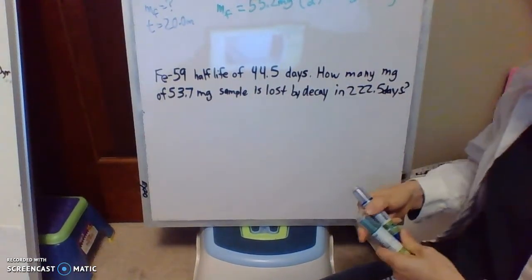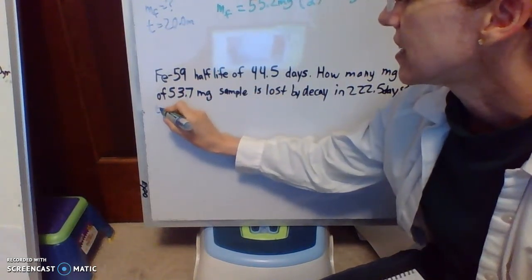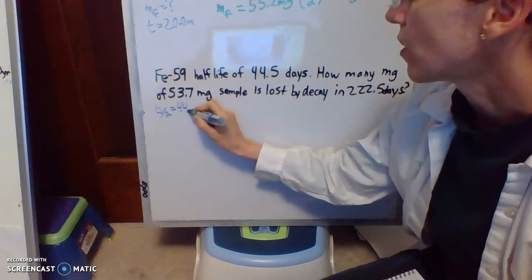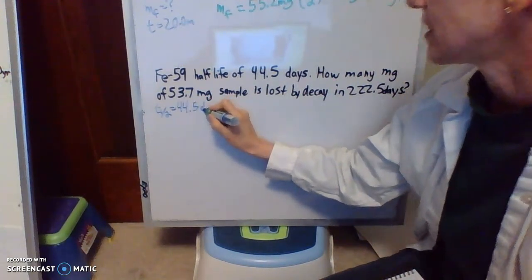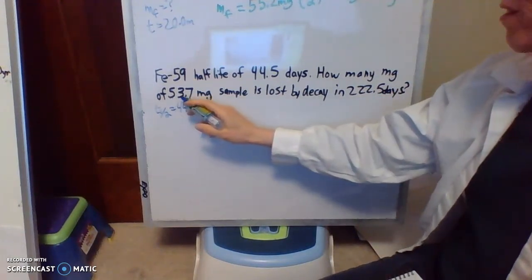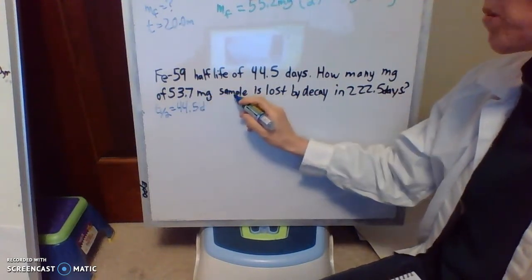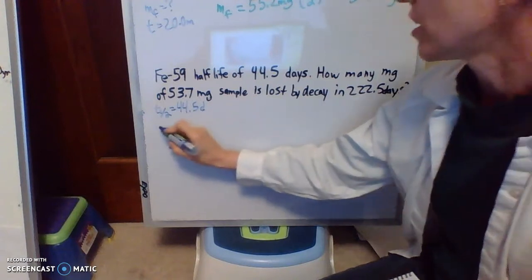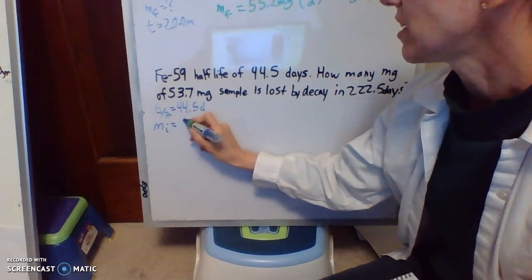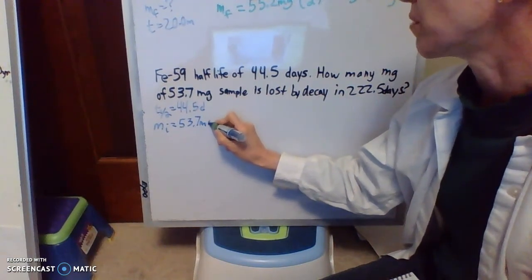So here we've got an isotope of iron and its half-life, so our T 1/2 is going to equal 44.5 days. And it asks for how many milligrams of sample. So this many milligrams is how much we started with, because that's how much the sample initially was. So our sample initial is 53.7 milligrams.